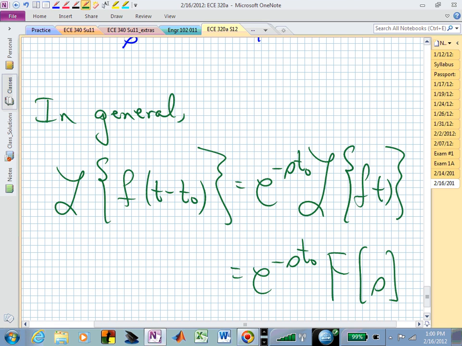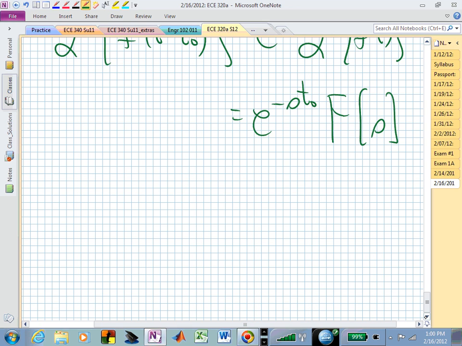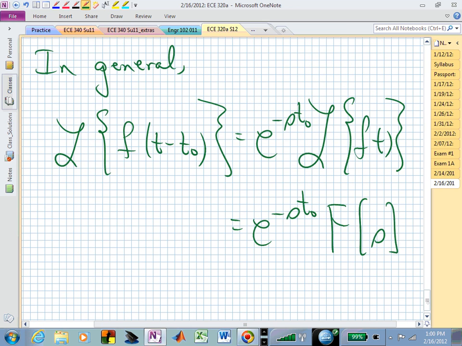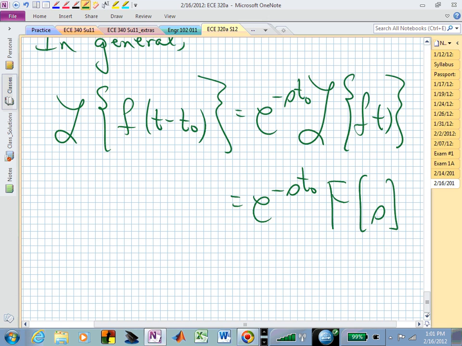Okay? Now I promised you, so those are some examples of Laplace transforms. Any questions on that? What's the Laplace transform of a unit step? 1 over s. Okay? And a delayed version is simply scaled by this factor e to the minus s t naught.